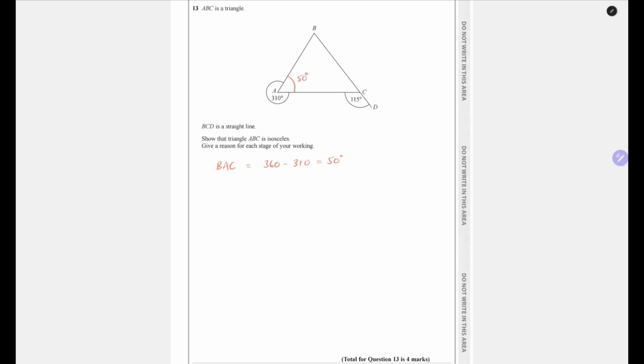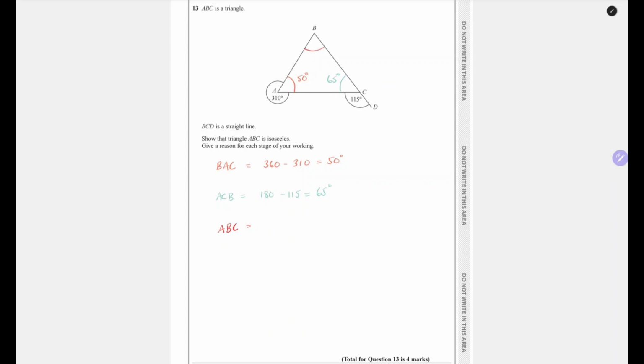The next angle we can work out is this internal angle here, ACB. And so ACB is going to be, well, we have a straight line, and that's 180 degrees, minus 115, and that gives us 65 degrees. And so this angle here is 65 degrees. Finally, we can work out this angle here, which is angle ABC.